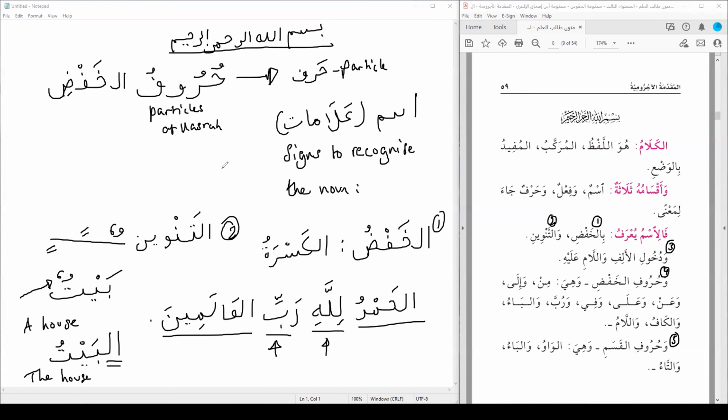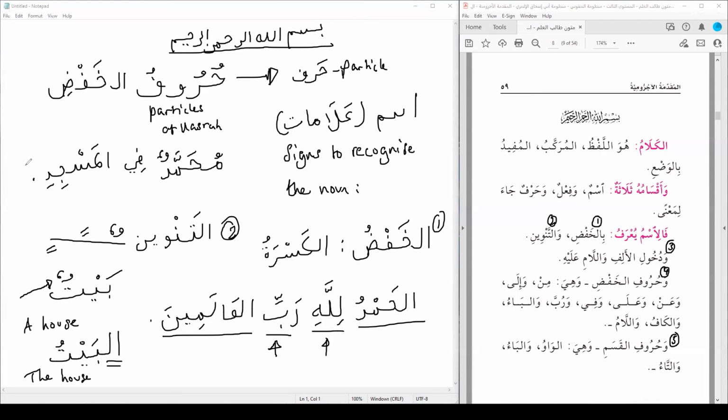So I'll give an example. Muhammadun fil masjidi. Muhammad is in the mosque.